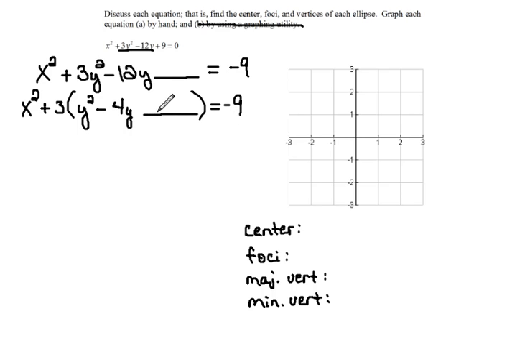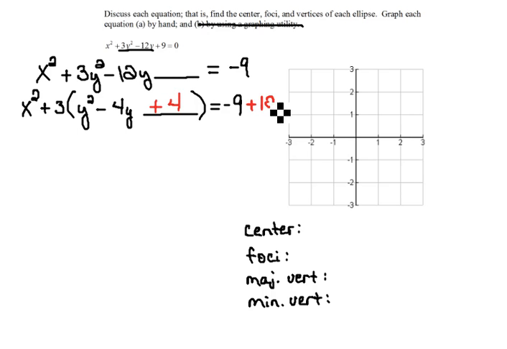Alright, now I'm ready to complete the square. So half of 4 is 2, squared is 4. Now normally I would just add 4 to the other side, but I can't do that because, going back and doing the distribution here, I actually added in 12 to this left-hand side because 3 times 4 is 12.